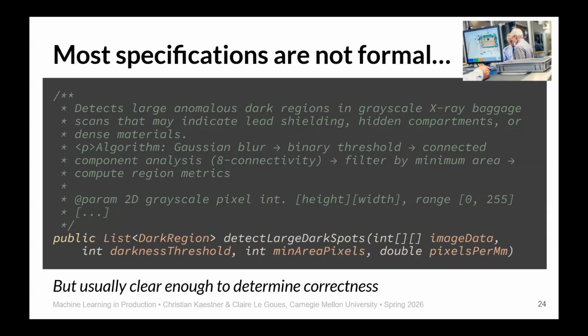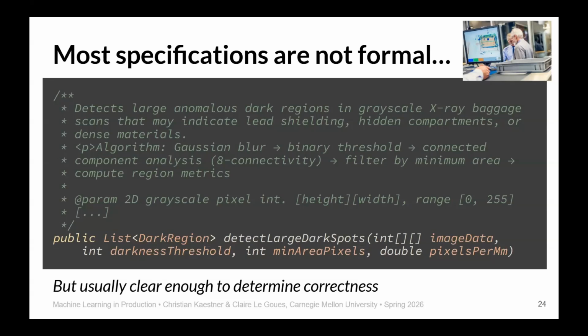Specifications, in the best case, often look like this, that there's some text, right? So this is a non-machine learning algorithm that you might use to find large dark spots in an X-ray image. We could specify how that works, look for a number of pixels at a certain threshold in a certain region. We can implement this and we can test this, right?